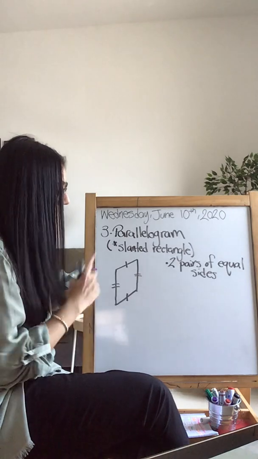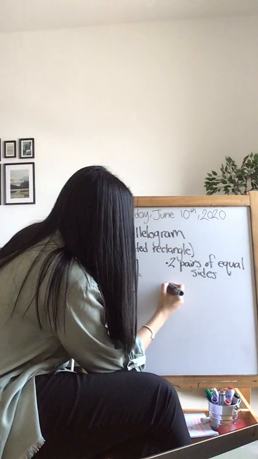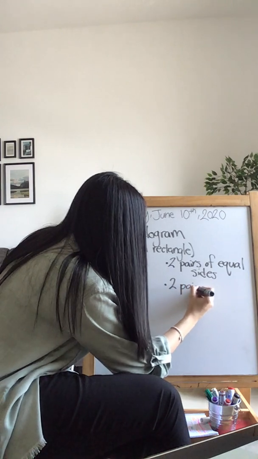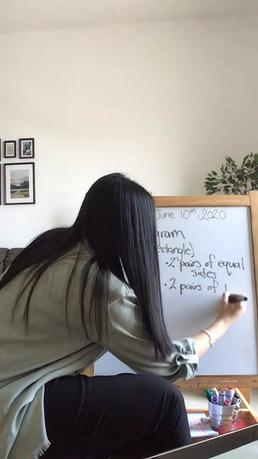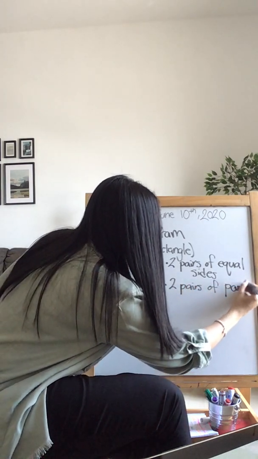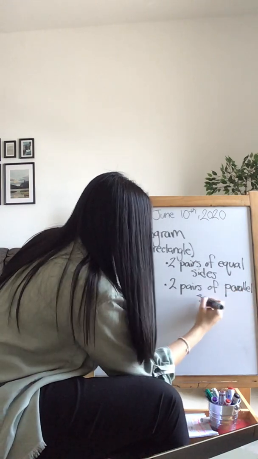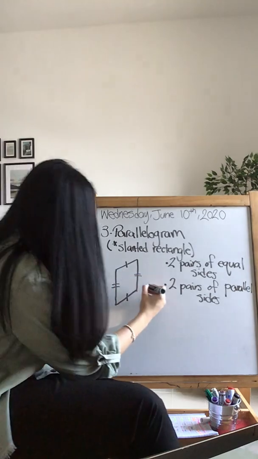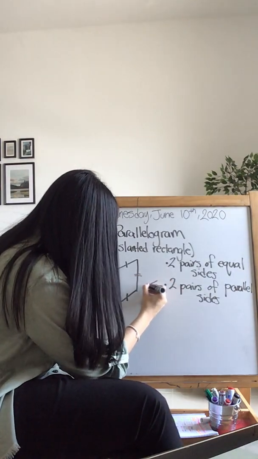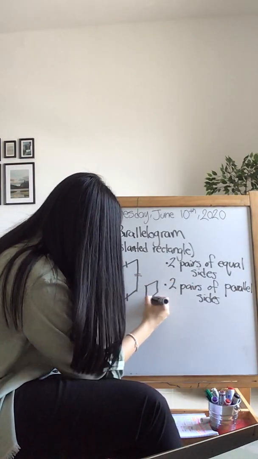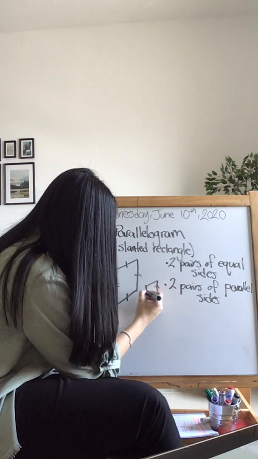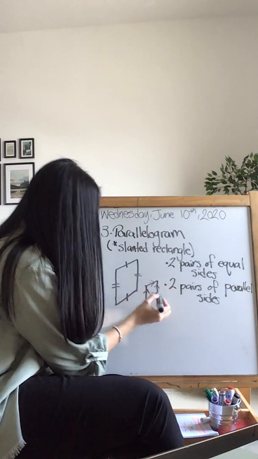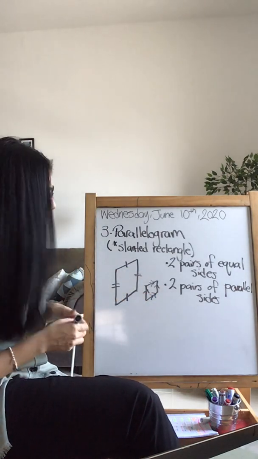So 2 pairs of equal sides. We also have 2 pairs of parallel sides. Again, I'll draw a mini version of it. This is parallel to that. These are parallel as well, okay?